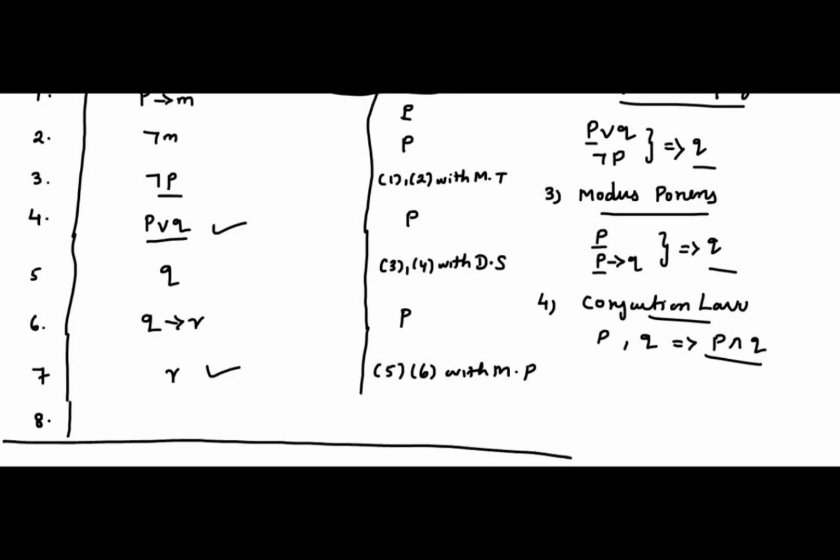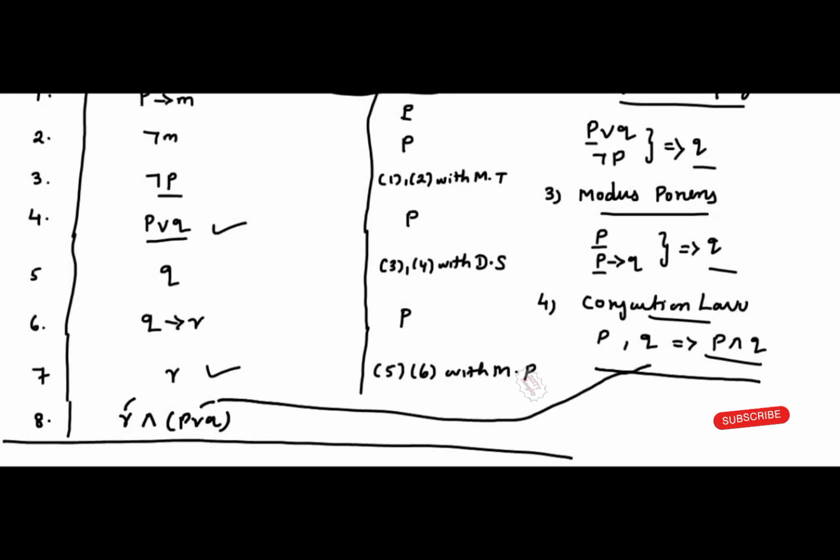Step number 8 is using step number 4 and step number 7 with conjunction law. What is conjunction law? If we get two different variables, we just add those two variables with the help of the AND operator. So I am going to write this term: R and P or Q. This is the P statement, this is the Q statement.